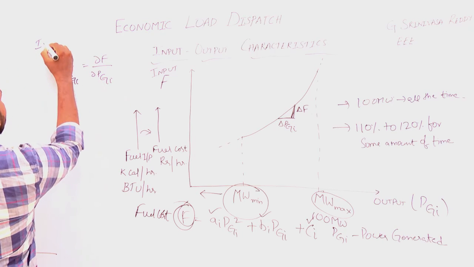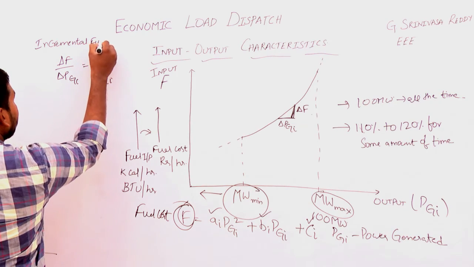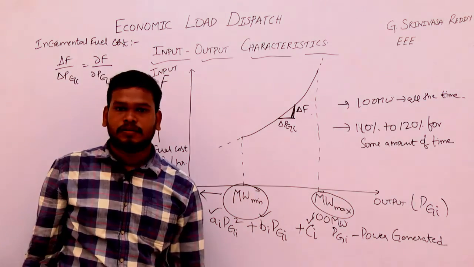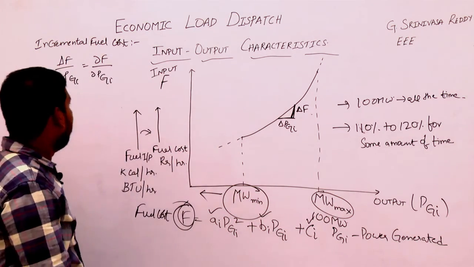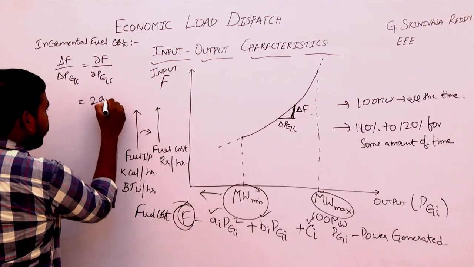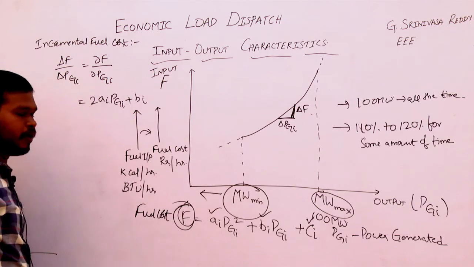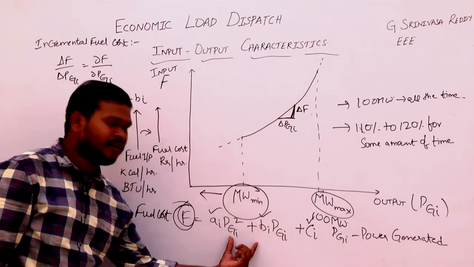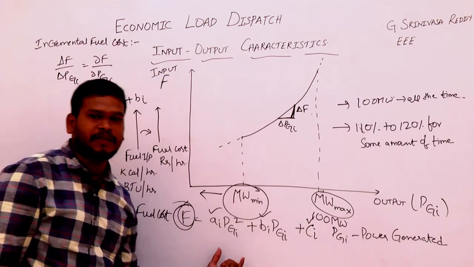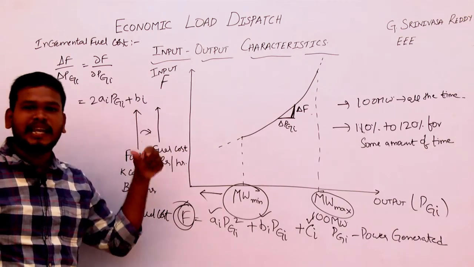That is the incremental fuel cost. If you differentiate, you get 2AI PGI plus BI. Since this is a second order equation, the incremental fuel cost is a linear equation.